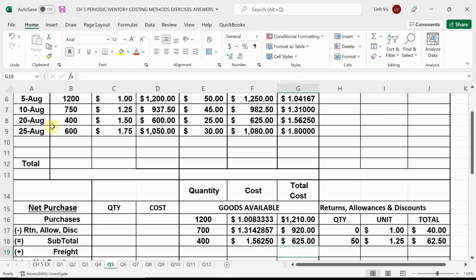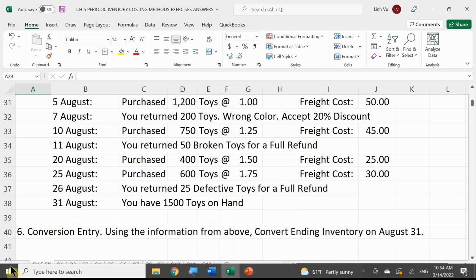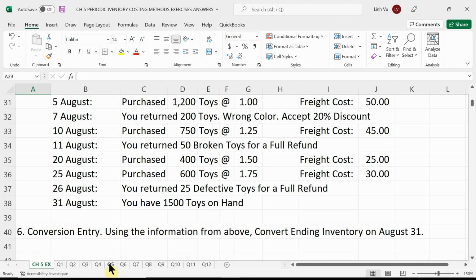However, we don't know what the situation is going to be on August 25th, because every day you just have to go through the motions. So we find out that on August 26th, the next day, you end up returning 25 defective toys for a full refund. So I'm getting a full refund on those 25 toys.